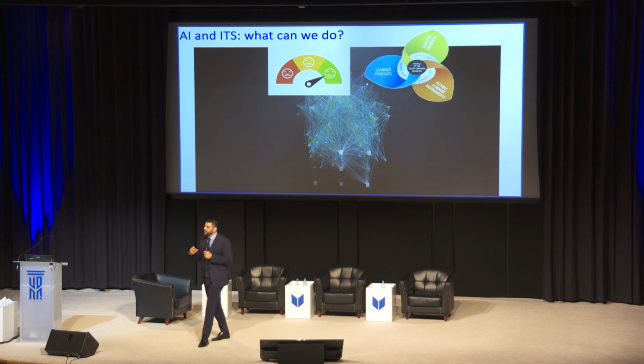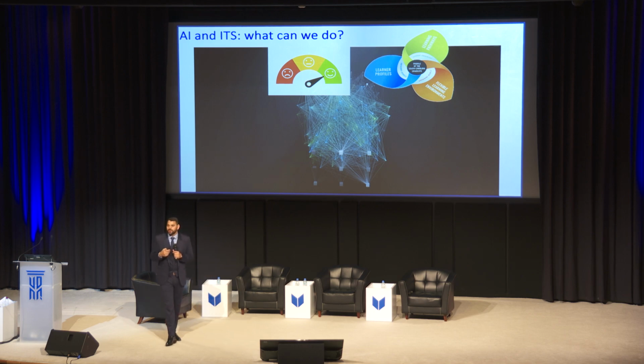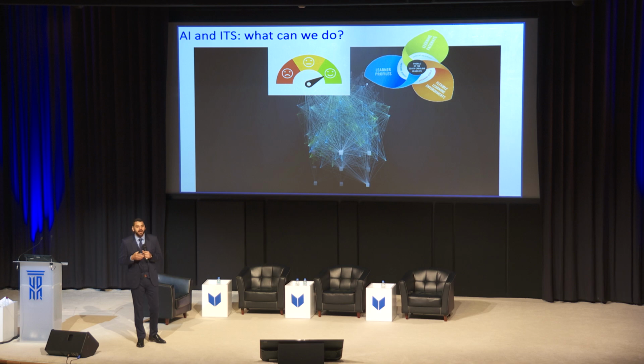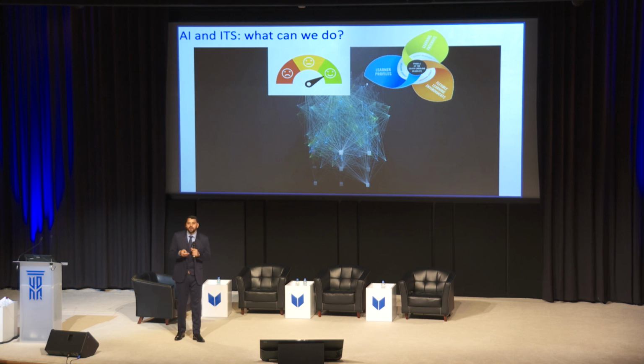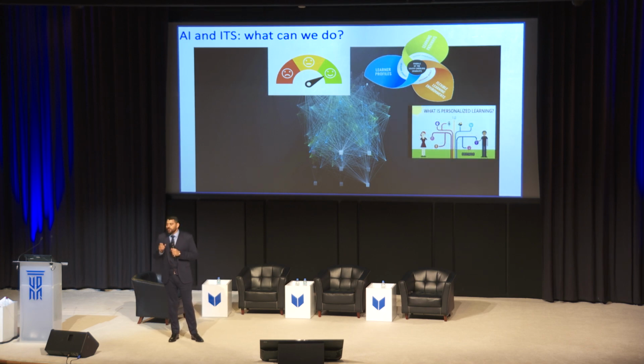The user profile, or the student profile, is another functionality that we need to develop, to understand the skills, the knowledge of the student, and all the performance of the student, the history, the preferences, the learning styles. All these are represented in what we call the learner profile. One important advantage of the ITS is how to personalize the learning.